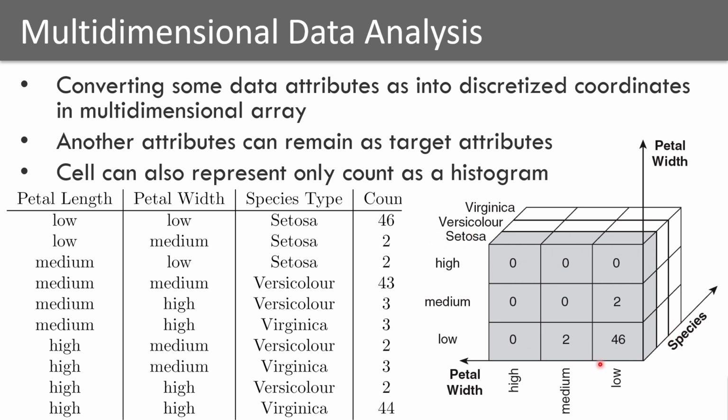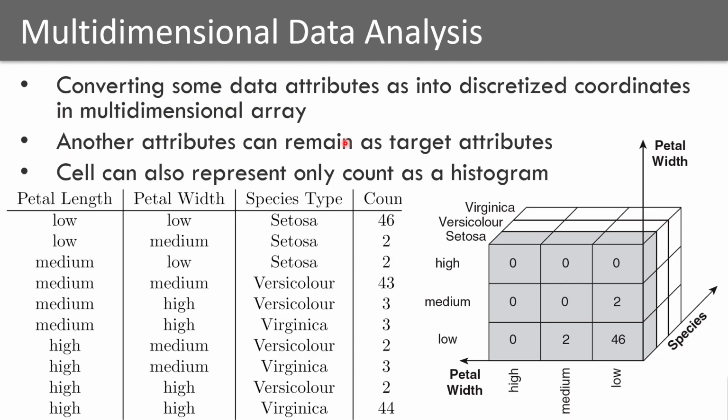And what is stored inside these cells which we have created? Well, we will simply aggregate there how many of the elements are there from a particular species, in each kind of slice, if you like, which have both low petal width and low petal length. And this is with the assumption that these values low, medium, and high have been reasonably selected so that they categorize some kind of clustered values and don't go across the cluster.